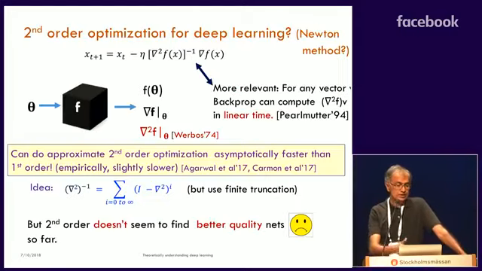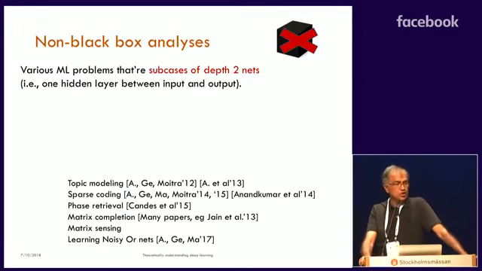Okay, so this was a tasting of black box analyses. And what about non-black box analyses? That's a very, very difficult problem for multi-layer deep nets. And the current state of the art is that you consider various machine learning problems that are subcases of depth 2 nets, namely one hidden layer between input and output.